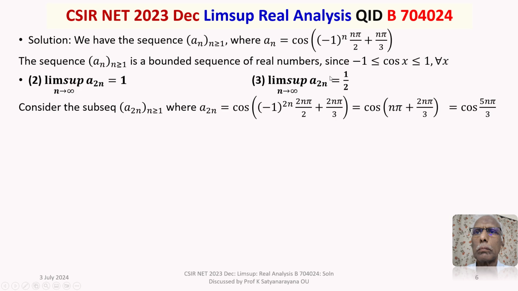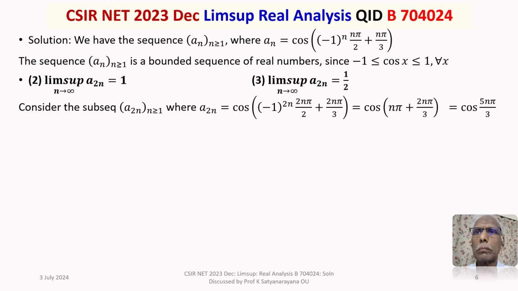Wherever there is n, you substitute 2n. And this is equal to cos of n pi plus 2n pi by 3. Take the LCM, then it is 5n pi by 3. So a_2n is cos of 5n pi by 3.